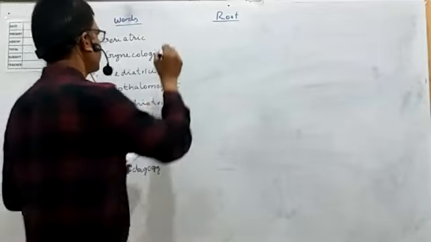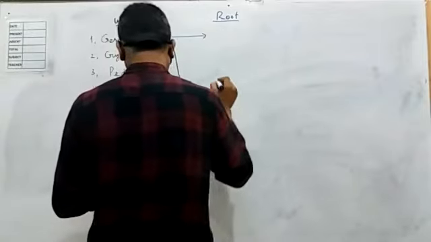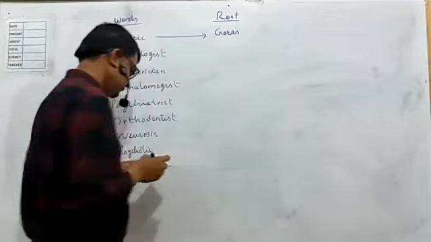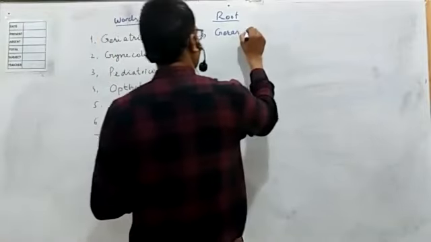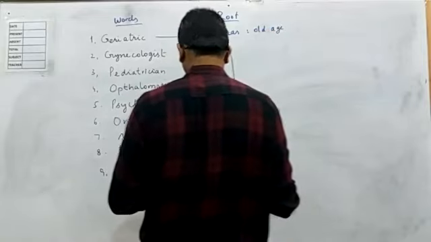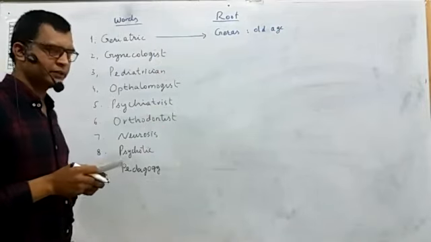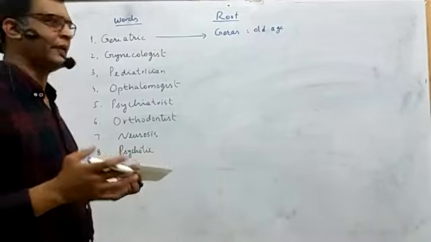For instance, if we think of this word, the root that we have is gerus. Okay, this is the root, which means old age. So geriatric is a word that talks about old age.